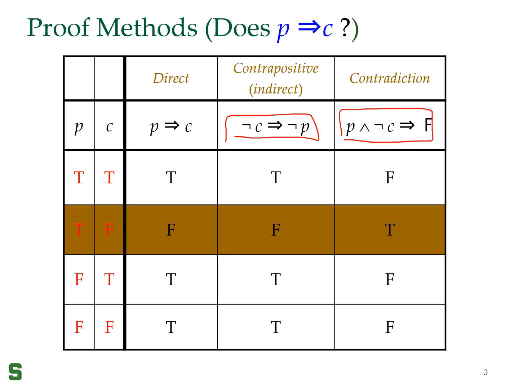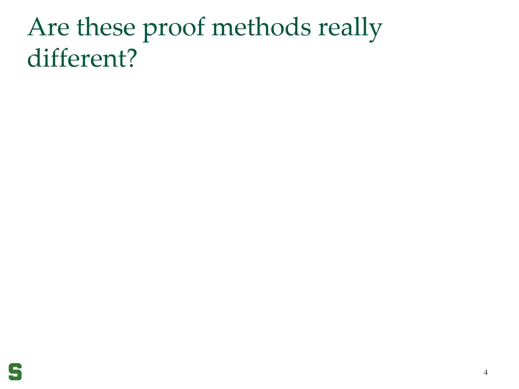That means I start with P and not C and my goal is to show that it logically implies false. Now, there is some confusion about these different types of proofs, and that's why I have put these couple of slides to discuss what these differences are and whether these methods are really different.